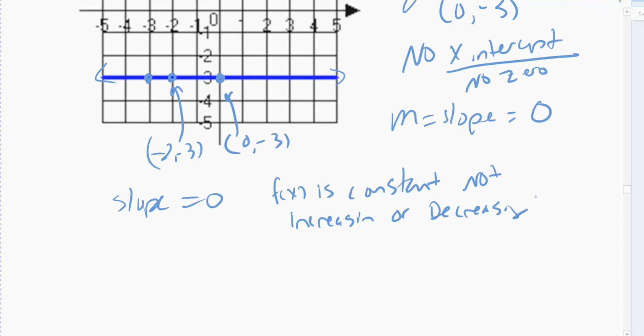It's staying the same. It's always negative 3. It is not moving up nor moving down. It is flat. It is staying constant. The whole time it's negative 3. I'm never changing from that. So another way to say it is there's no change. Always negative 3.